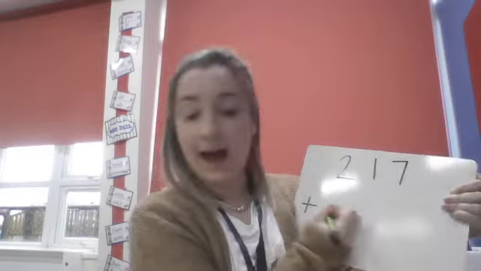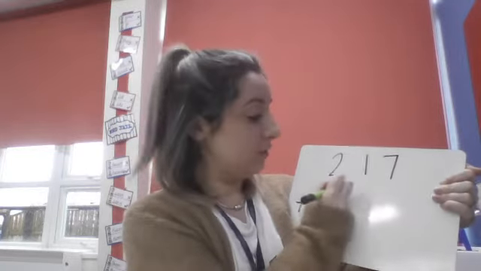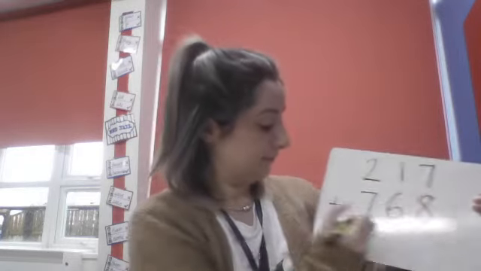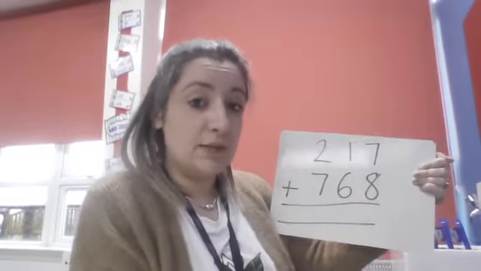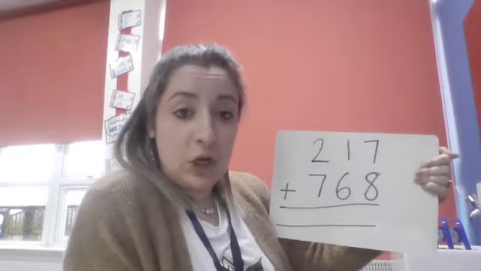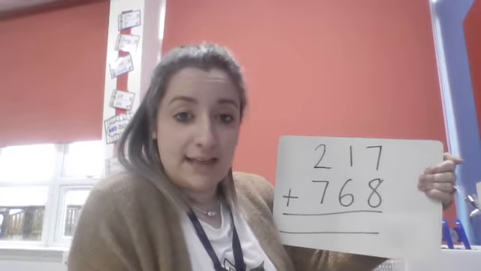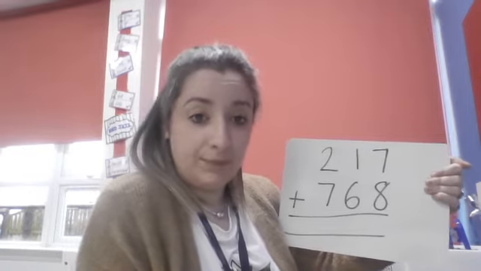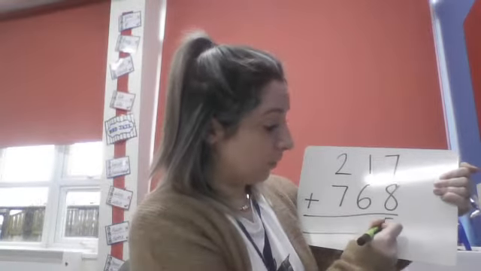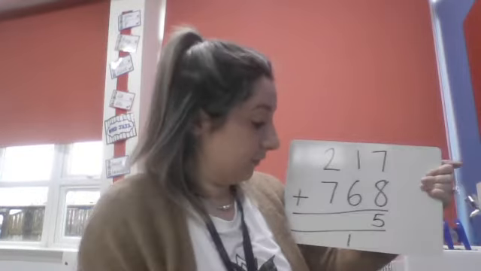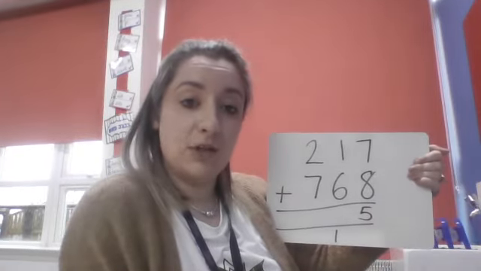It's 217 add 768. Now 7 add 8 is more than 10. It's going to be a 2-digit number. 7 plus 8, the answer is 15. Now I've got a 5 in my ones column and I've got 1 in my tens column.